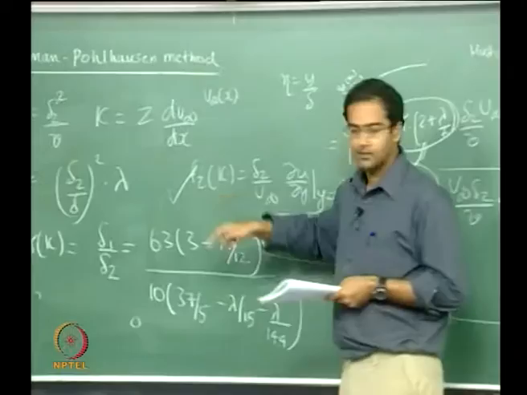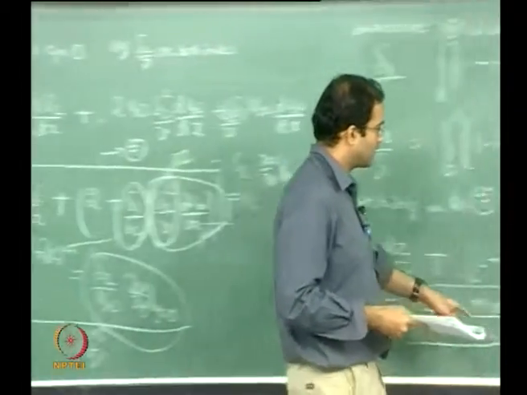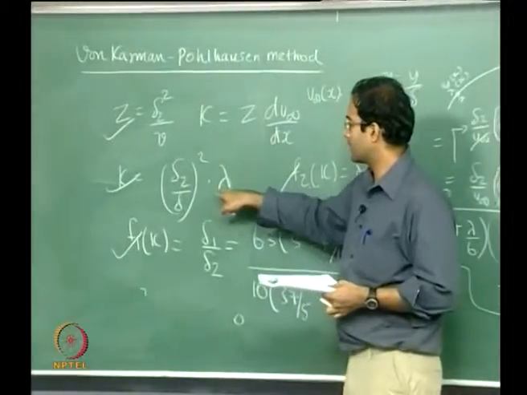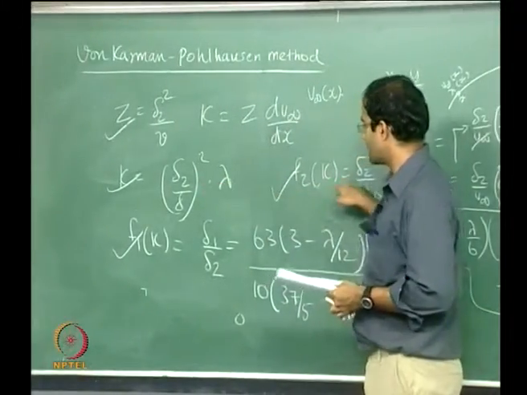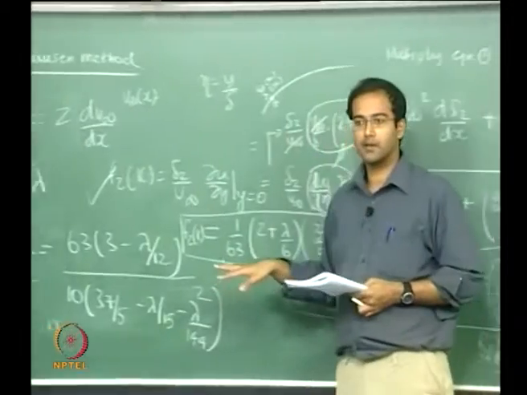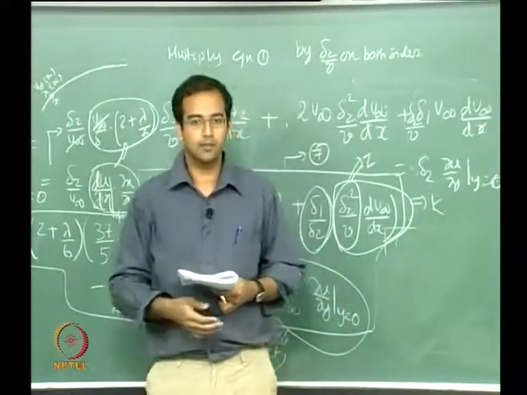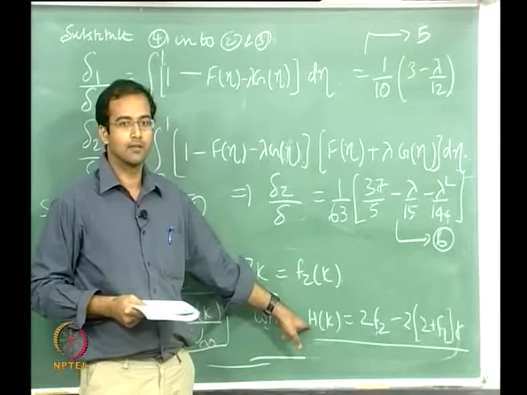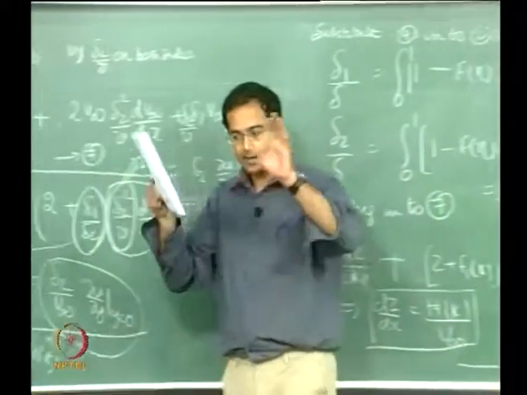Now this is a function of F2, F1 and k. So you can get expressions for k, F2, F1, everything as a function of lambda, put it in a nice table, and therefore you can determine h of k directly. Okay, so now this can be arranged as a table.